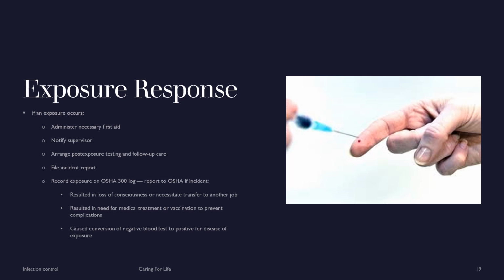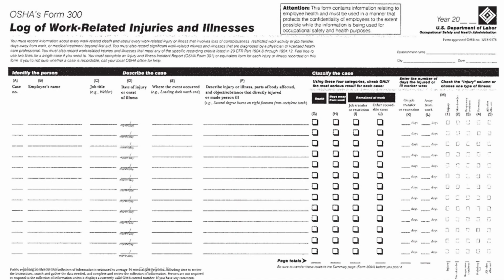So there's a potential: if you were Hep B negative before and then after, you become Hep B positive. But you will have to go with your facility policy, but understand it's the OSHA 300 log when you've had an exposure. Here is a copy of the OSHA 300 log for work-related injuries and illnesses.